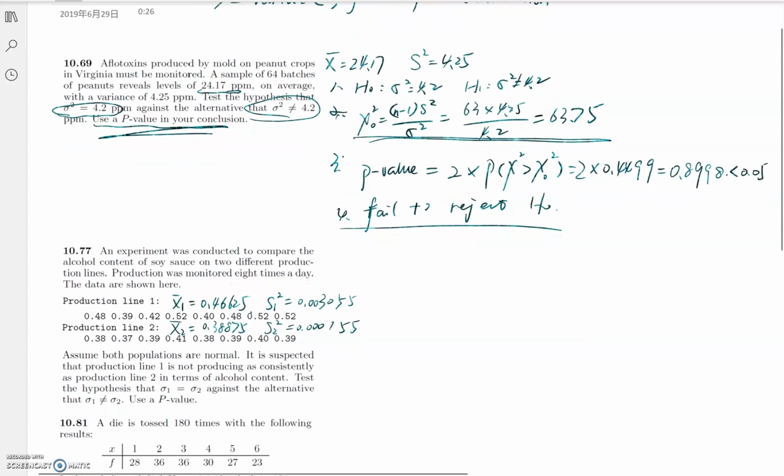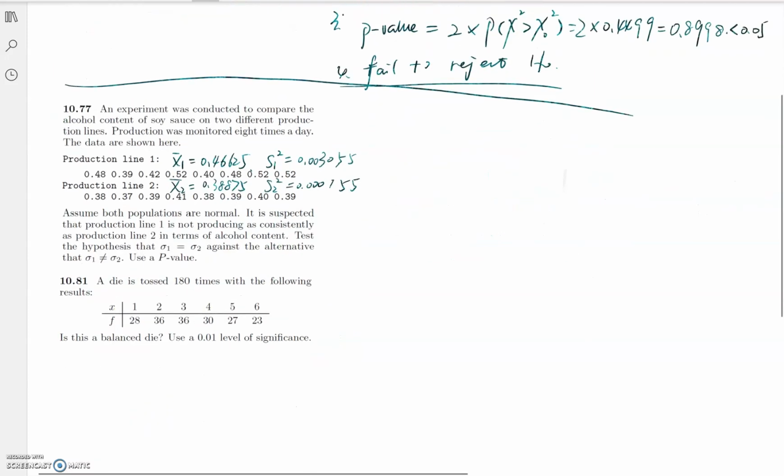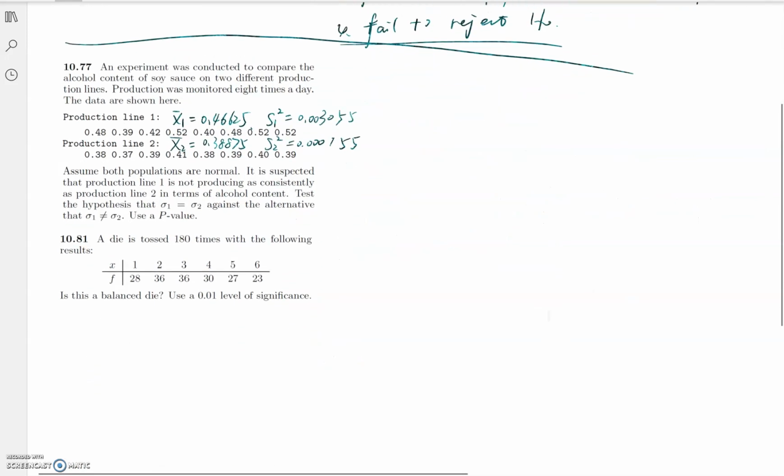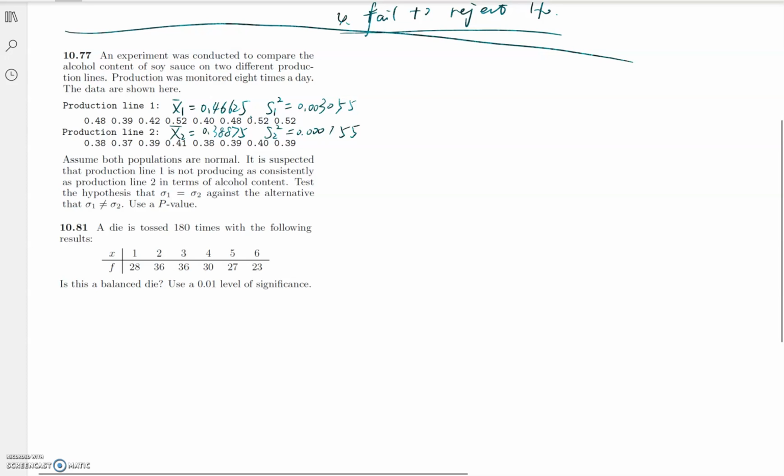Okay, that's the first question, about the single variance: comparing a single variance with a value. And let's take a look at the next one. An experiment was conducted to compare the alcohol content of soy sauce on 2 different production lines. Production was monitored 8 times a day. The data are shown here. From the data I get the mean and the variance already.